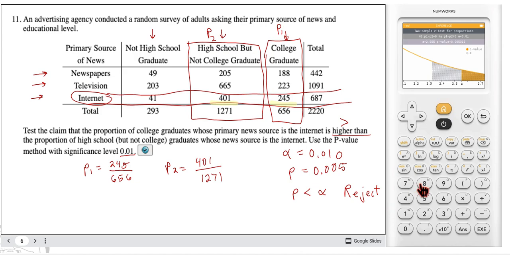So we reject H naught, which is that they were the same, and we can then say there is evidence to believe that the proportion of college graduates who use the internet is higher than the proportion of high school students. Okay. Now in class we didn't quite get to these last ones, but I'm going to go ahead and do one more example so we can go through that together.